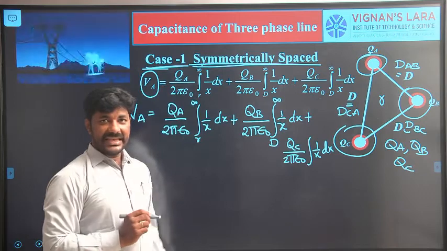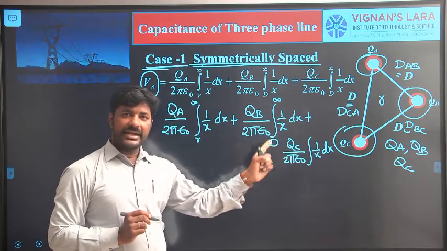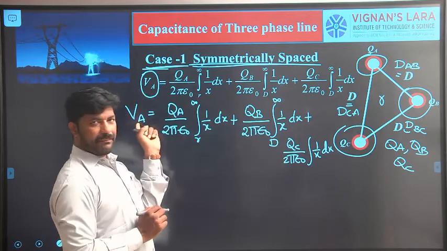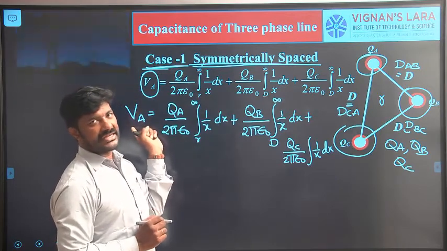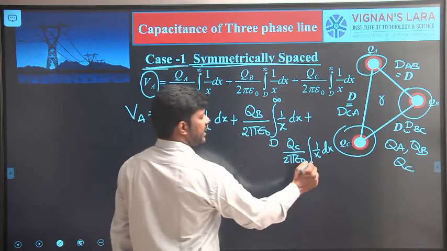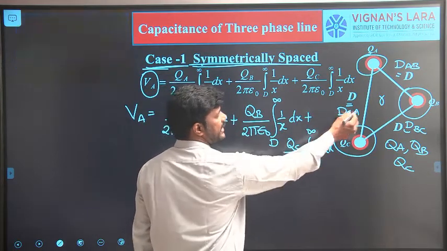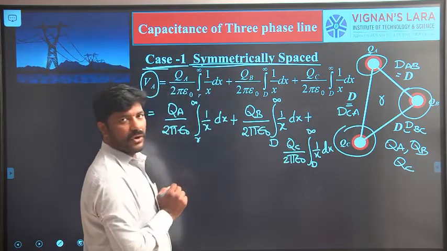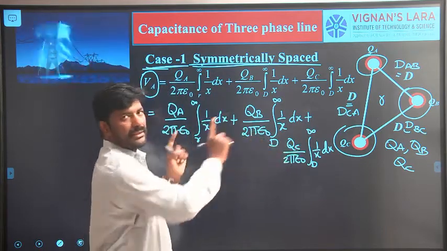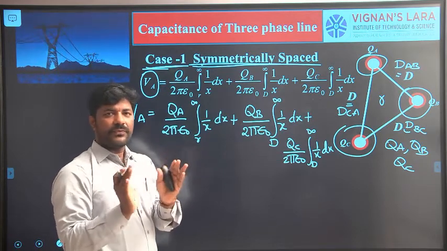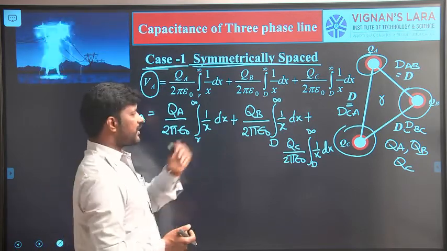Conductor C is located at a distance of capital D meters from conductor A, because I am writing the potential for conductor A. Then the limits will be D to infinity. Actually, this should be DCA, and the DCA value is capital D. Hope all of you understood how to write the potential of conductor A, which is located in a group of three conductors. Then let us go to the simplification part.